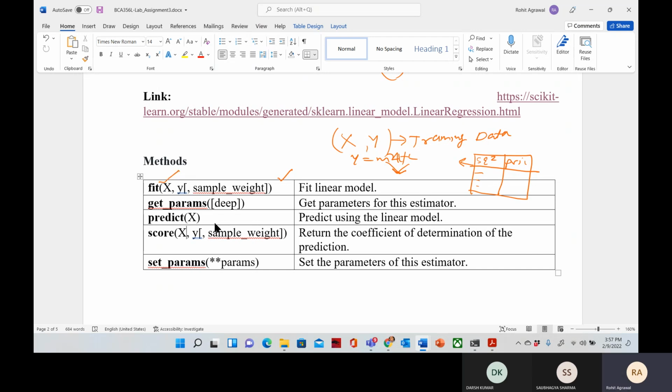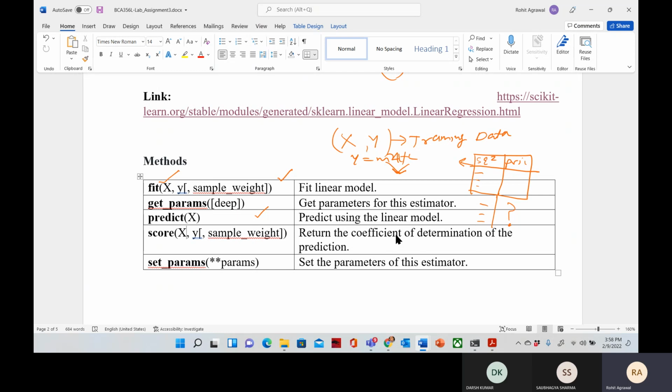The next method will be used to predict. Predict, that means now we are having the x values like this, and we are going to predict these y values. The score method will tell you the coefficient of determination. That means how much is the accuracy of all these things.